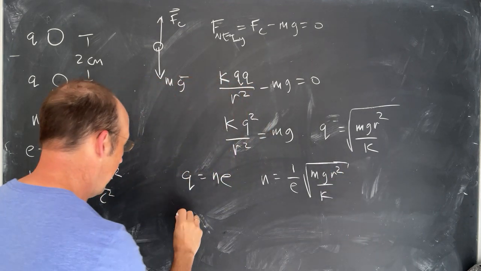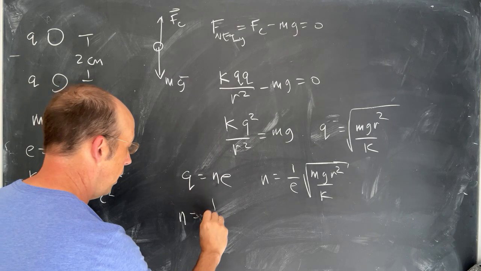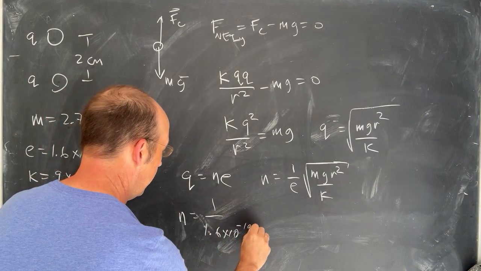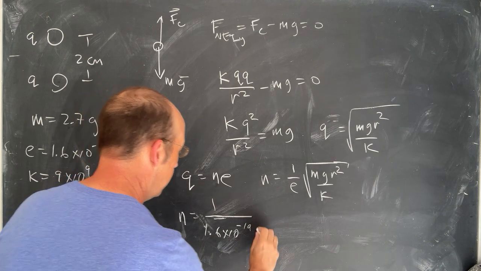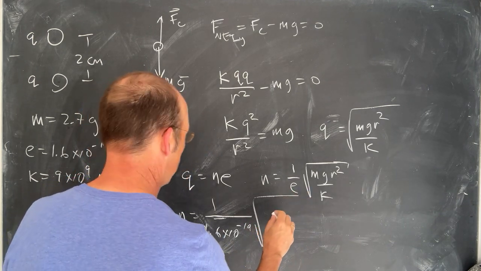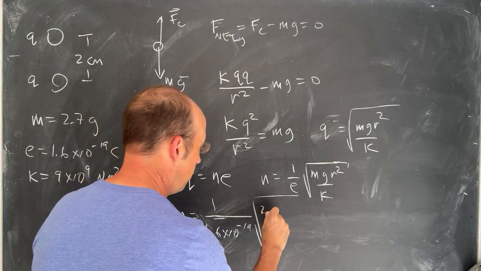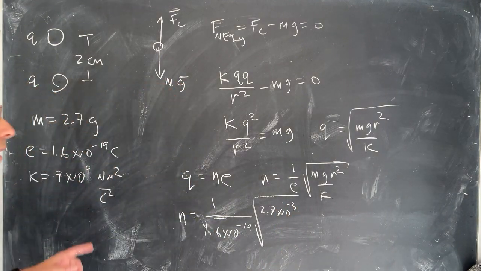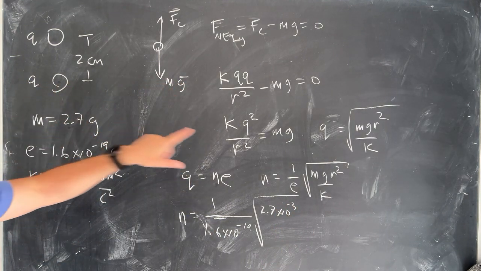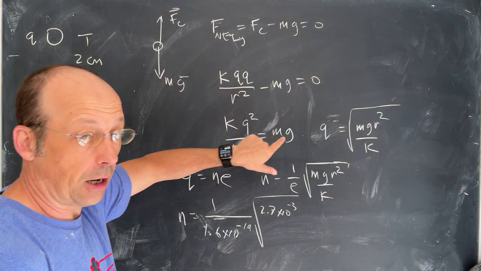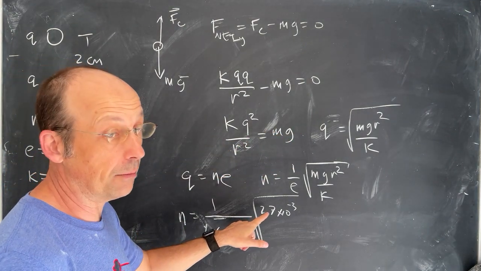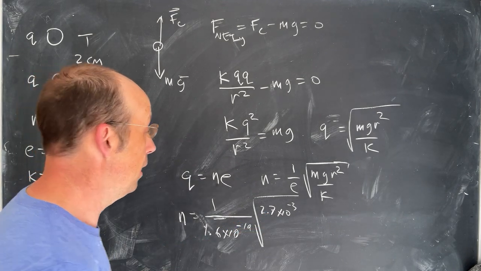So let's put in our values. N equals 1 over 1.6 times 10 to the negative 19th, square root of the mass, which is 2.7 times 10 to the negative 3. Because I'm using G in newtons per kilogram, I need the mass in kilograms. So 2.7 grams is 2.7 times 10 to the negative 3 kilograms.